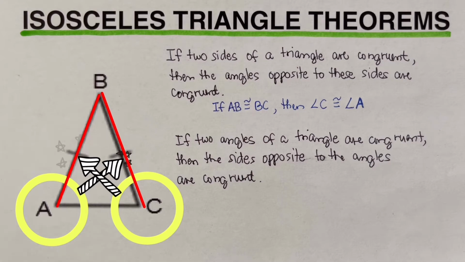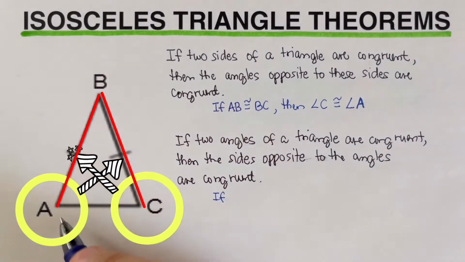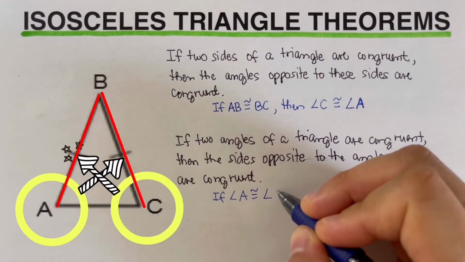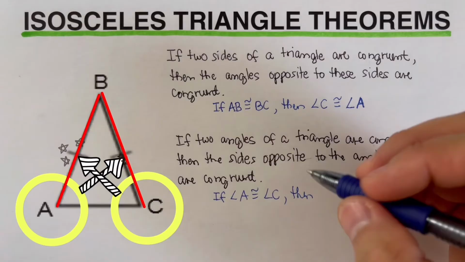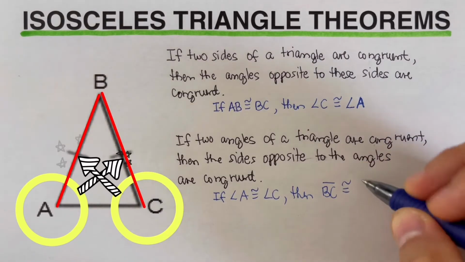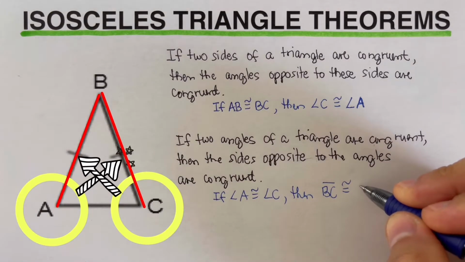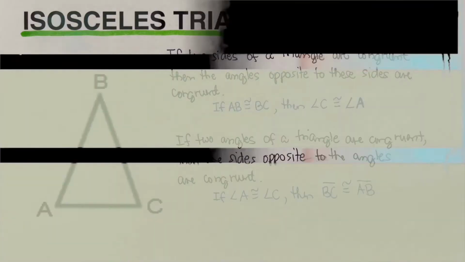We're just doing it the other way around so that we can write this as a statement. If angle A is congruent to angle C, then opposite to angle A is BC, so line segment BC is congruent to the side opposite angle C, which is side AB. So this is the isosceles triangle theorem.